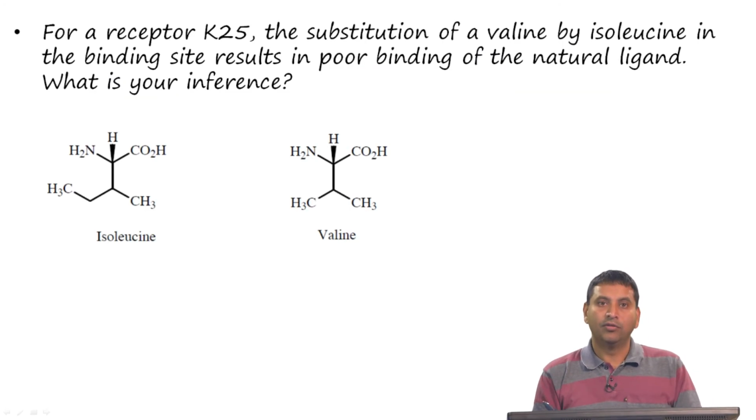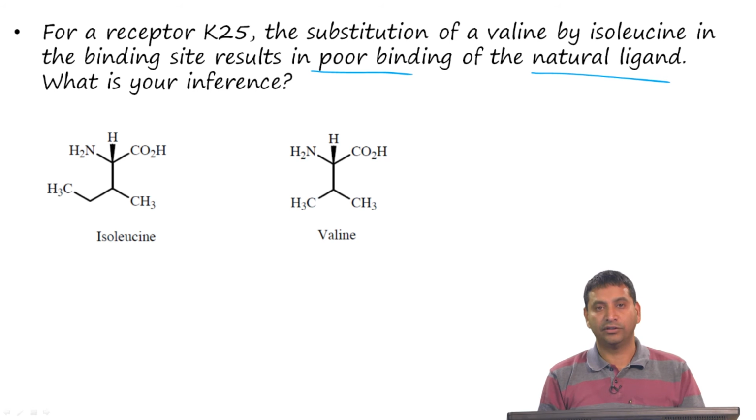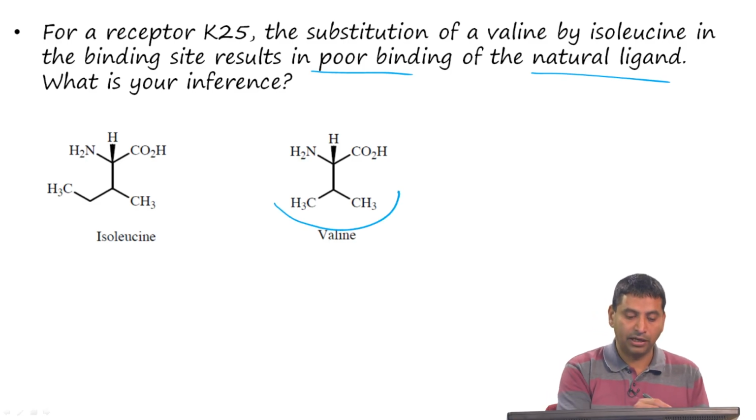The next question: for a receptor K25, the substitution of a valine by an isoleucine in the binding site results in poor binding of the natural ligand. What is your inference? Again, the technique that we would use here is mutation. You will substitute a valine, which is shown here, by isoleucine.